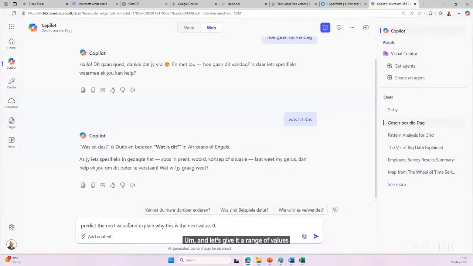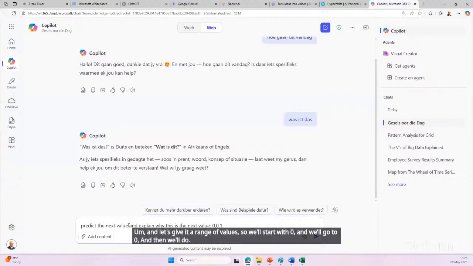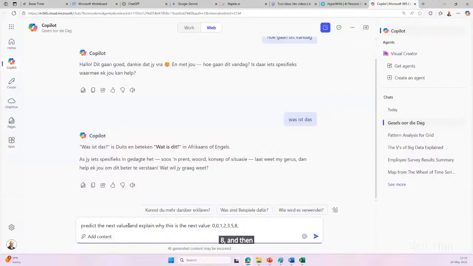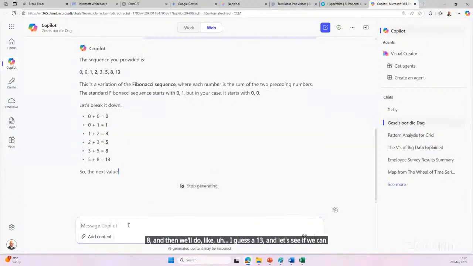So we'll start with 0, and we'll go to 0, and then we'll do like 1, and then we'll do like, shall we try a 2, and then we'll do like a 3, and then we'll do like a 5, and then we'll do like an 8, and then we'll do like a, I guess, a 13, and let's see if we can predict what the next value is.